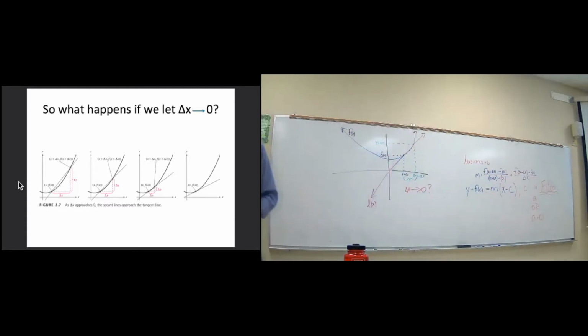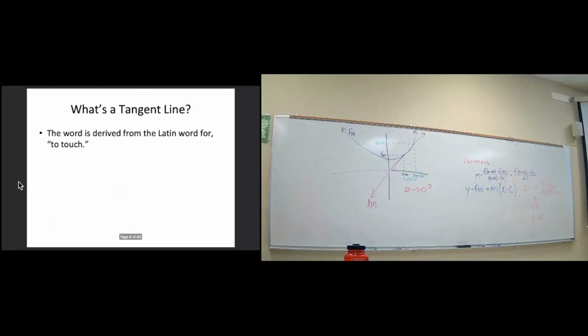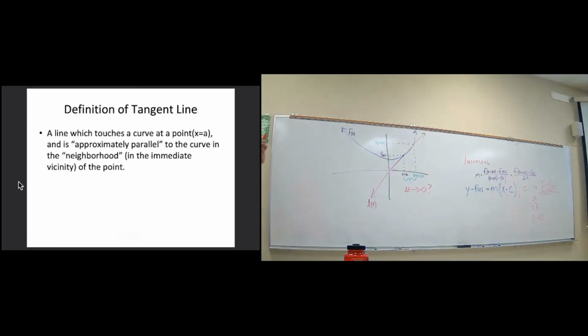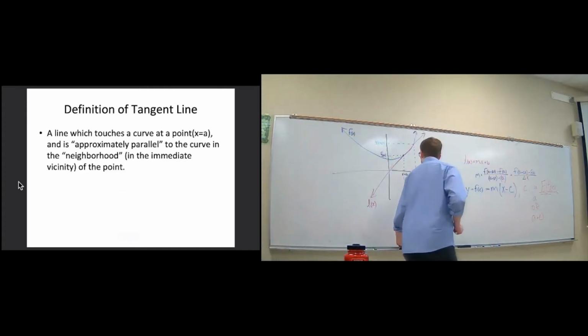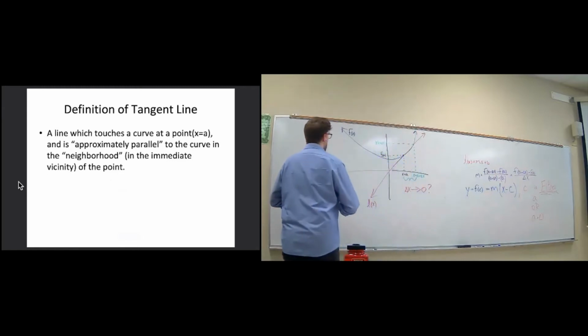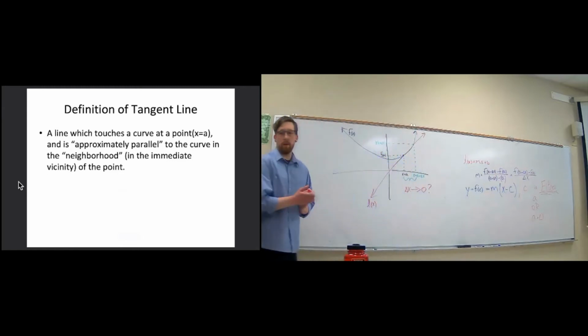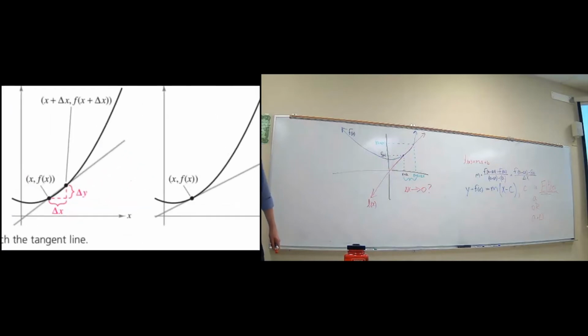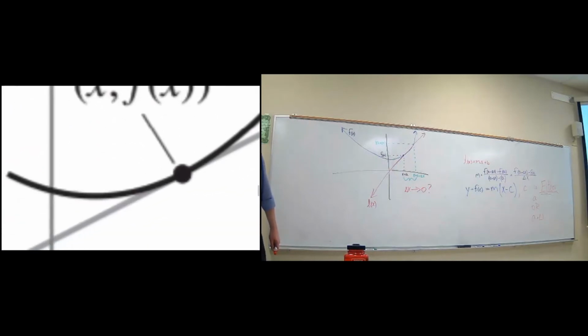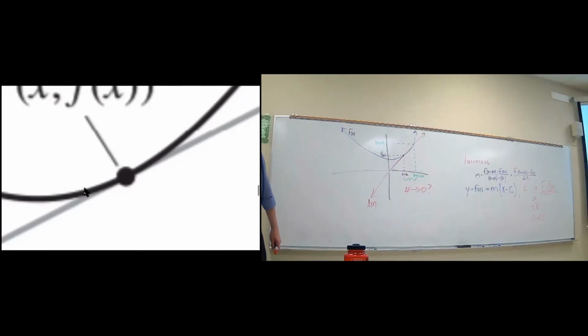It's a line that touches your function in one spot, and at that spot can be thought of as approximately parallel to your function. So to explain what I mean about it being approximately parallel, notice as we zoom in, our graph appears to flatten out, right?